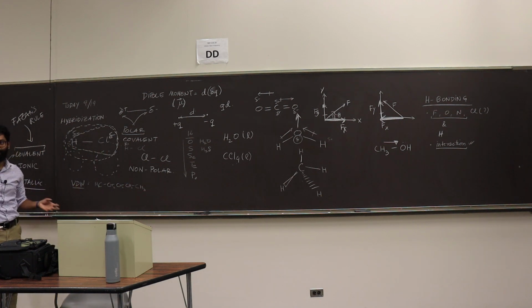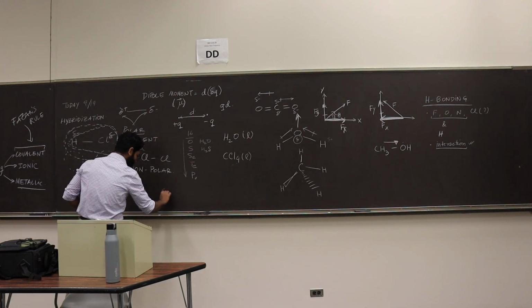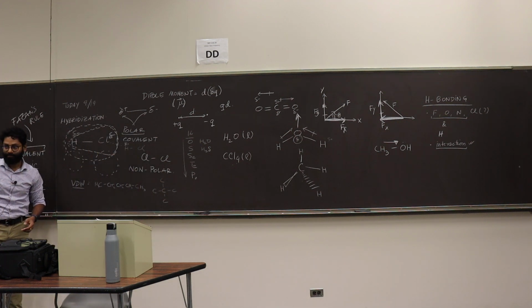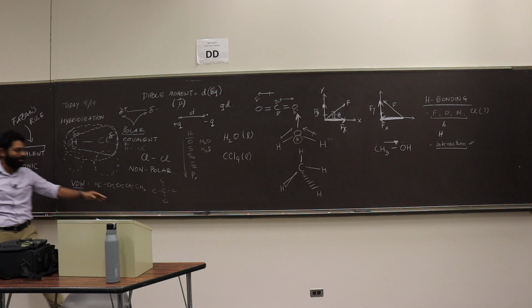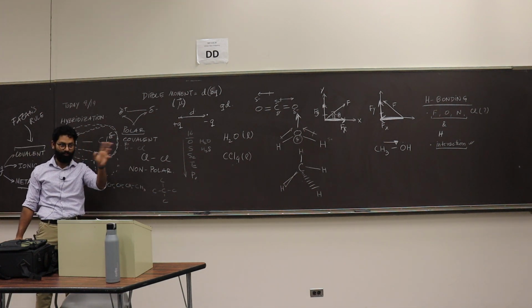So this is a pentane. This is a normal pentane, as we call it. And you can also have something like this, right? This is an isomer of pentane, which is called 2,2-dimethylpropane, but you don't have to remember that if you don't.